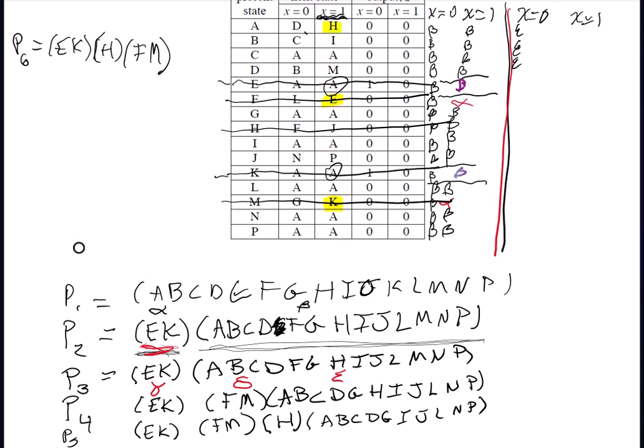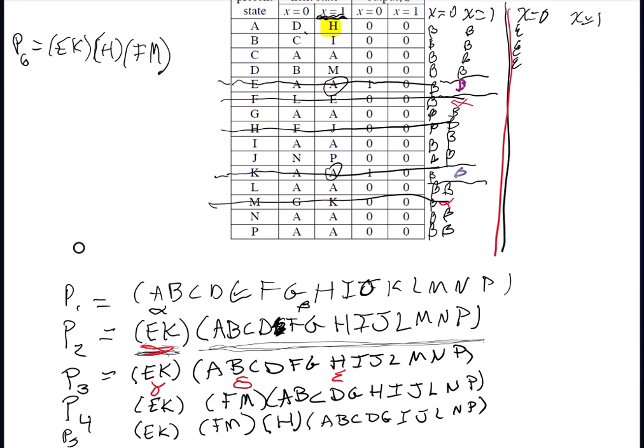So first A has as its 1 successor H. That's not in this group. All right.